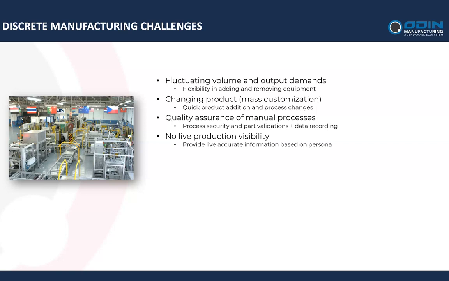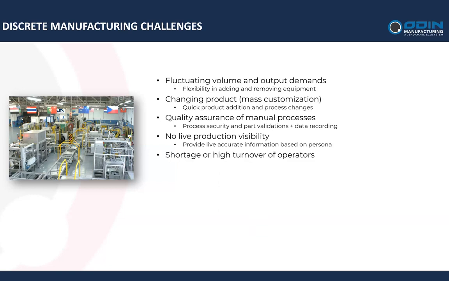And so what we believe is possible and necessary in the production line of the future is live, accurate information that is presented to you based on your persona. So you could be a plant manager, you could be a maintenance manager, you could be an operator. That information needs to be shared with you on a live basis.